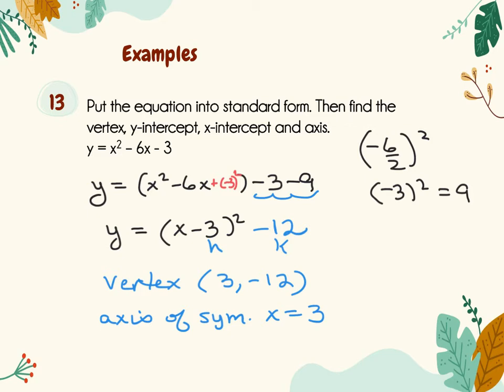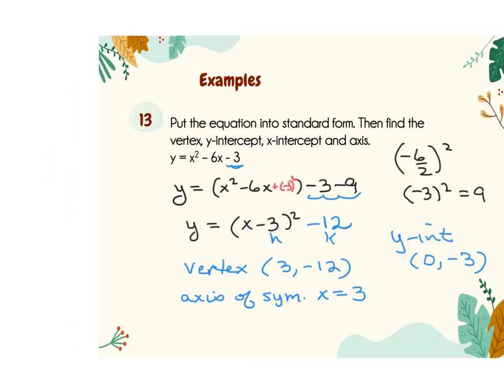For my y-intercept, I could go back to my original quadratic form, and it's always the c term. So my y-intercept is located at 0, -3. Recall, to find intercepts, you plug in, for example, I'm going to set x equal to 0 to find my y-intercept.